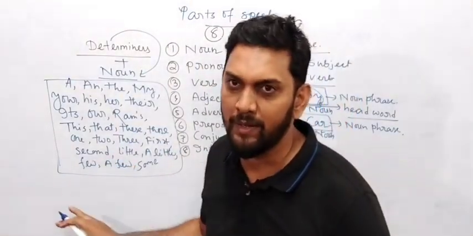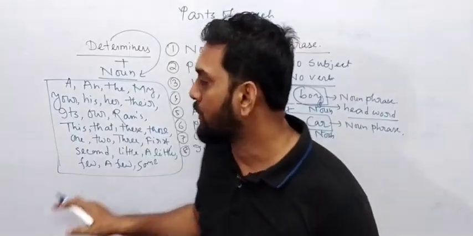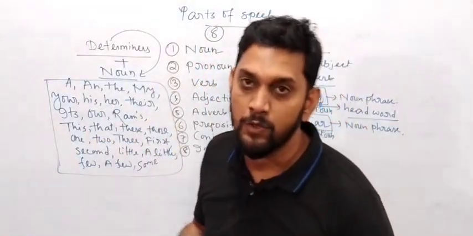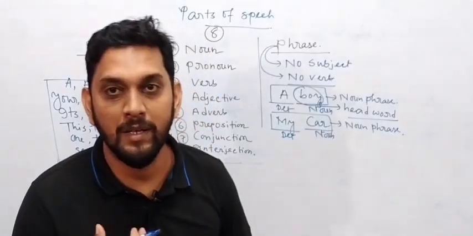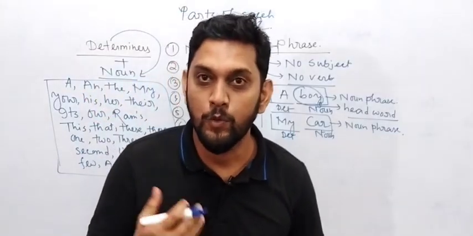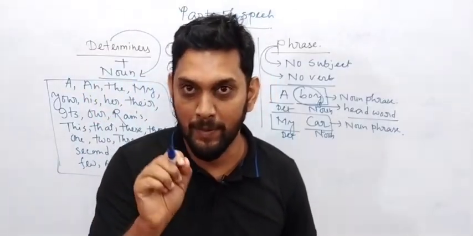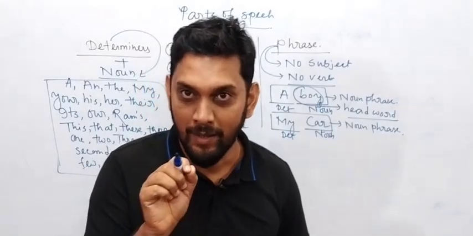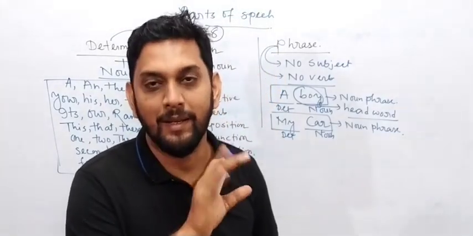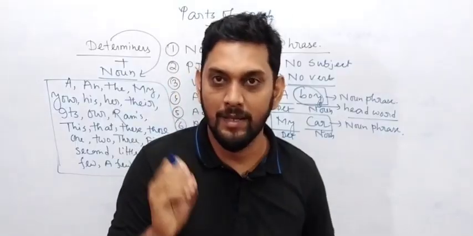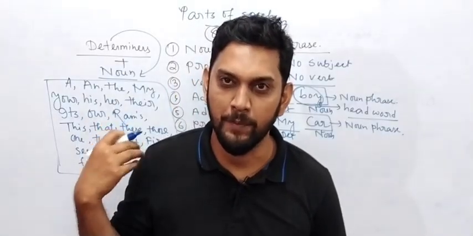I have not written all the determiners here, otherwise the list will be so long. Right now we need to understand how determiners function in a sentence to make a noun phrase. That is my purpose, and that's the reason I have written some of the determiners over there.